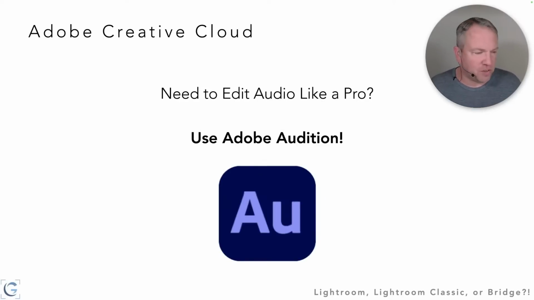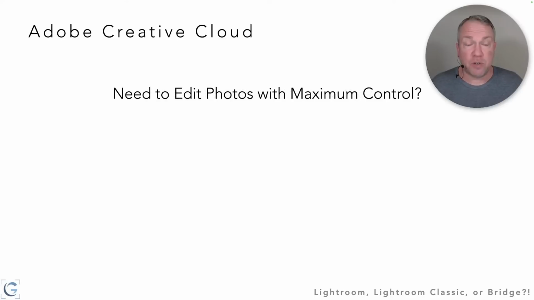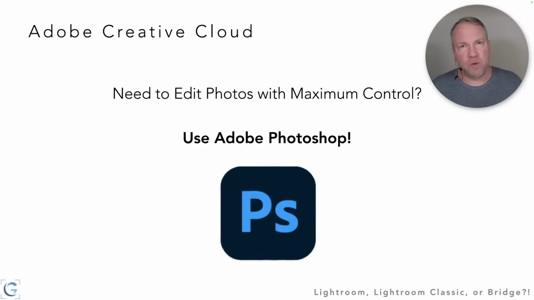In each of these cases, we've got a single answer. And even if you need to edit photos with maximum control, one of my favorite things is to be a control freak when it comes to my photos and really be able to optimize them. Well, in that scenario, it's pretty straightforward. We use Photoshop, which has been around for what has it been now? A quarter of a century, probably a little bit longer than that. I forget what year it actually got started.